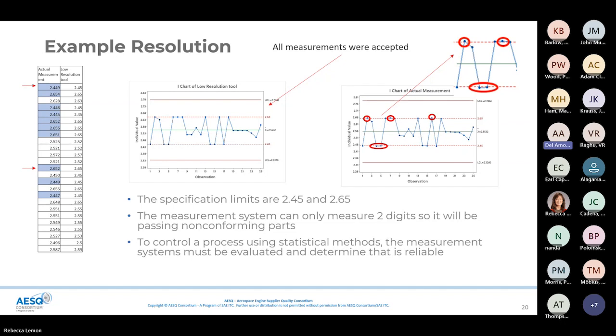Why are we measuring the same thing if they're different? Because our measurement system doesn't have enough resolution, okay? Also, when using a control chart, the measurement system should have been evaluated and be reliable, to really trust what we're doing in our control charts, okay? So please, next slide, please.